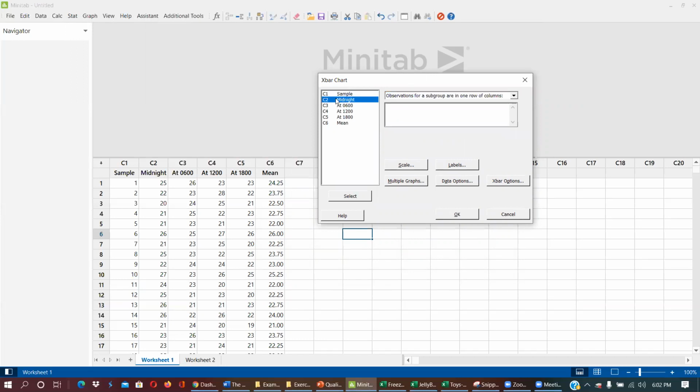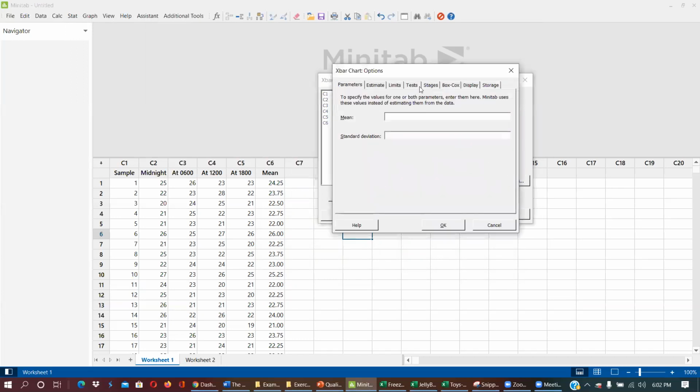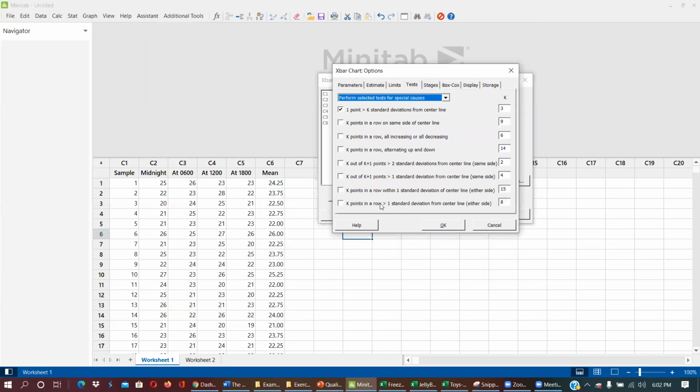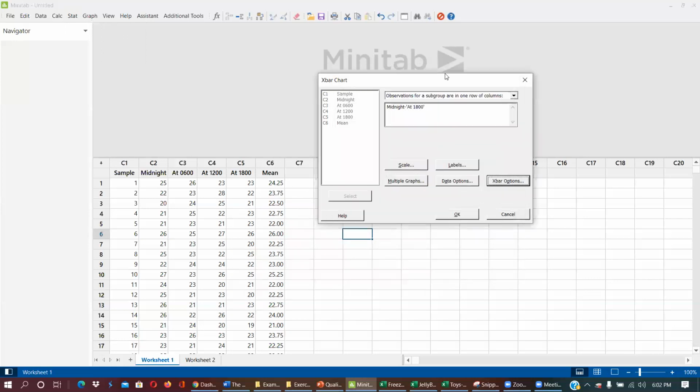I'm not going to include the mean, because that is just the average of all four. Select X bar options. Here you need to select perform test, special causes, perform no test. Basically I'm not going to do anything, just let it be.